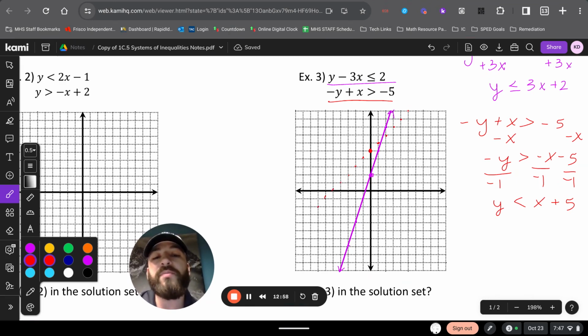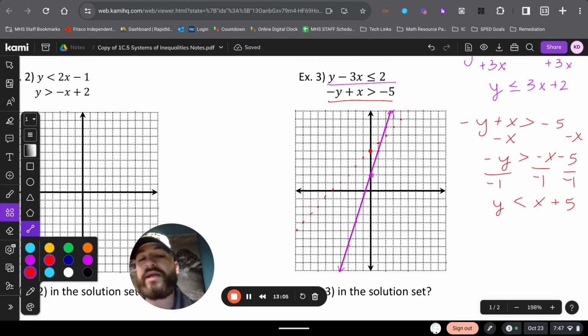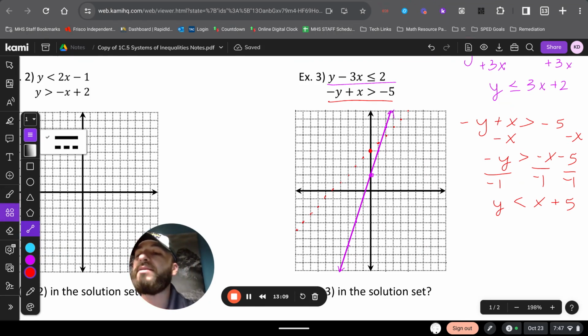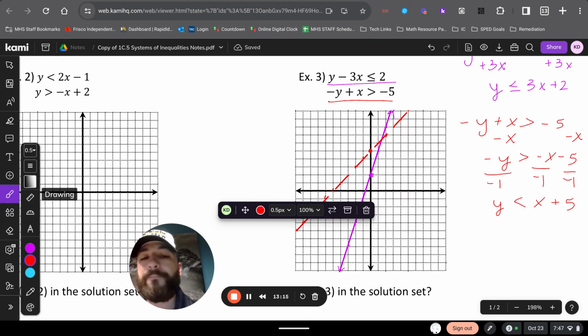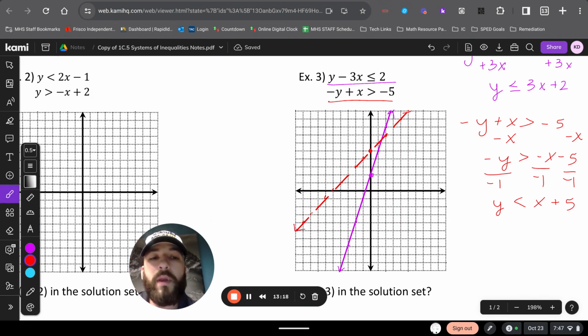And of course, you don't have to do all the points, y'all. Once you kind of have an idea, you can stop so that you can actually fill that graph in. And this one is a less than sign, so it is going to be a dotted line. Okay, so then let's go ahead and add in our shading.